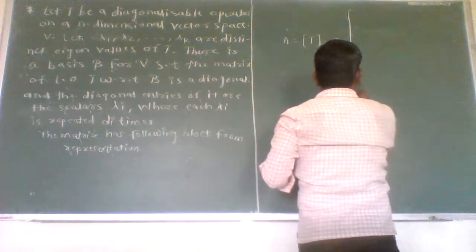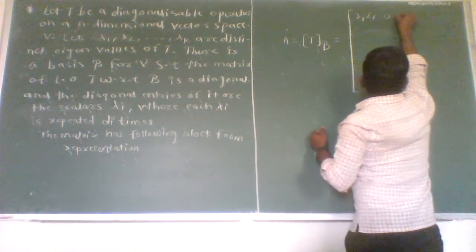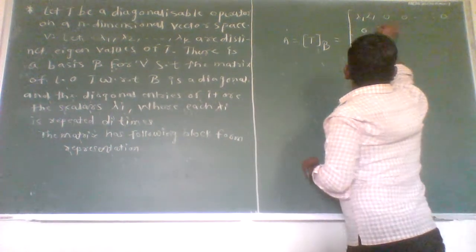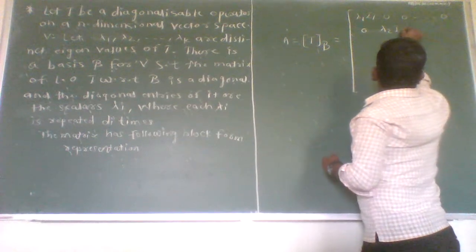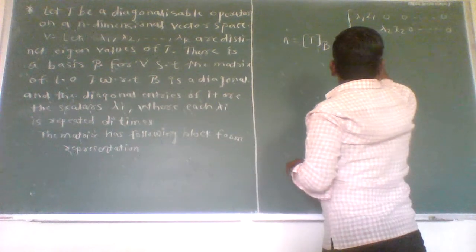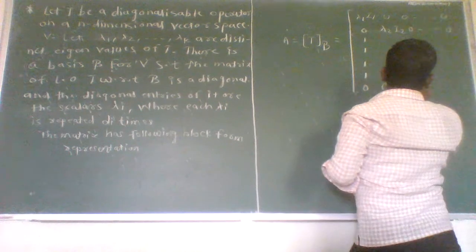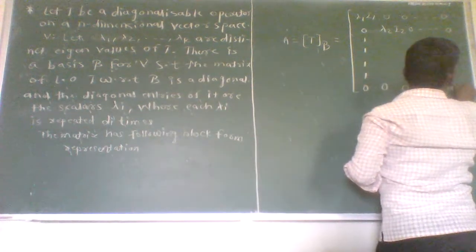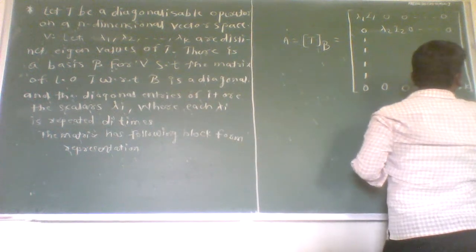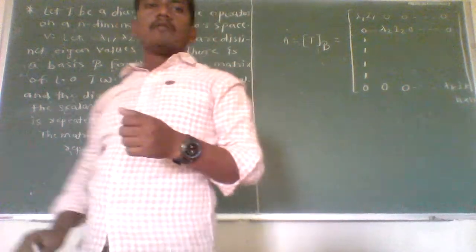Therefore, this matrix contains lambda 1 I1, 0, up to 0; then 0, lambda 2 I2, 0, up to 0; and so on up to lambda k Ik. This matrix is of order n cross n since it is a linear operator on an n-dimensional vector space.